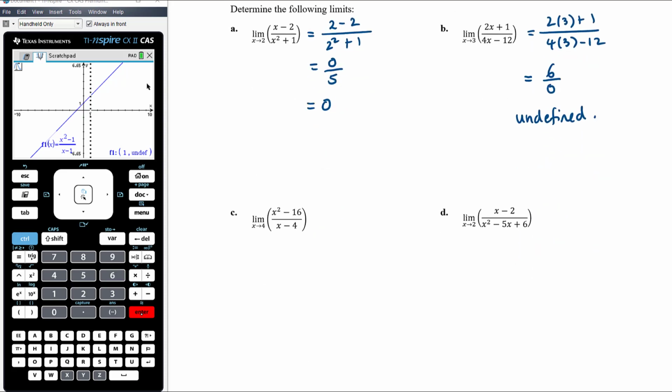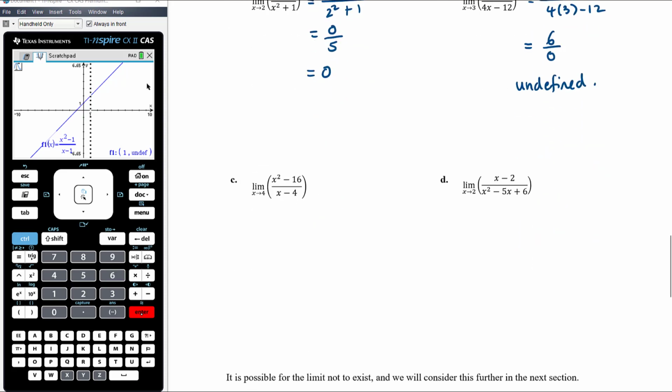Part C, if we were to sub 4 into this, we get 4 squared minus 16 over 4 minus 4. So we get 0 over 0, which is indeterminate. Okay, so instead we want to think about if we can manipulate this, and we can in this case.